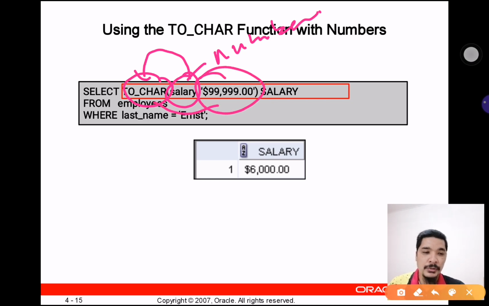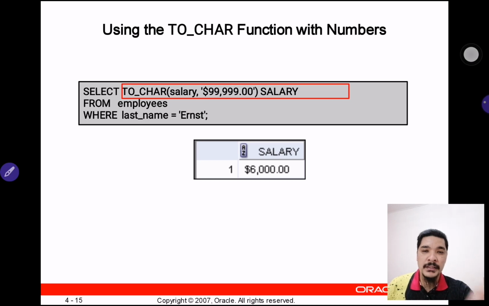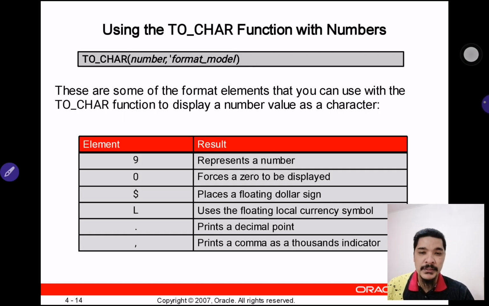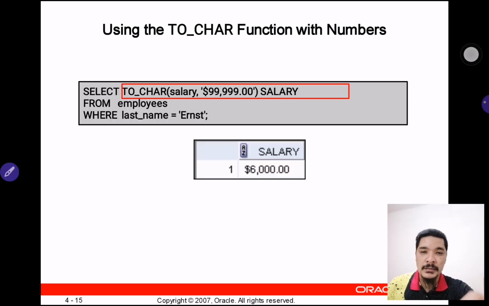We already know this from the previous slides. Looking back at this element, 9 represents a number, we have a comma here, a decimal point, 0 forces a 0, and we have a dollar sign here.